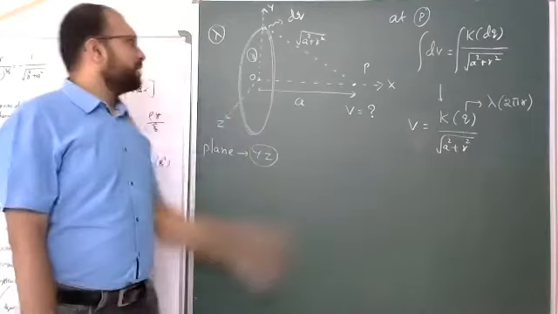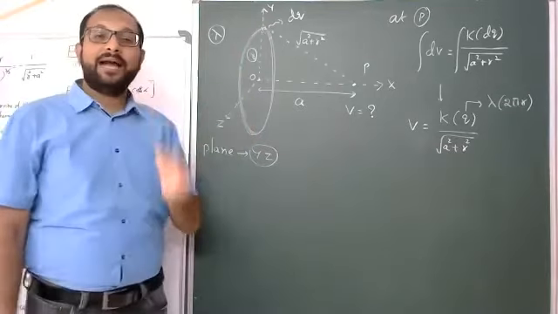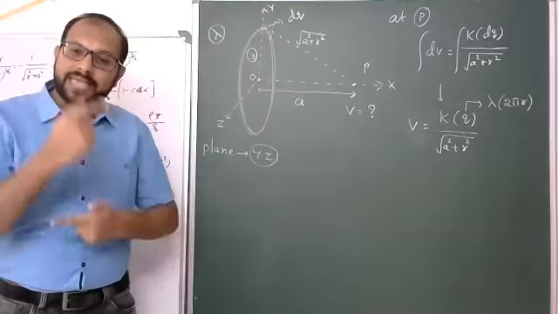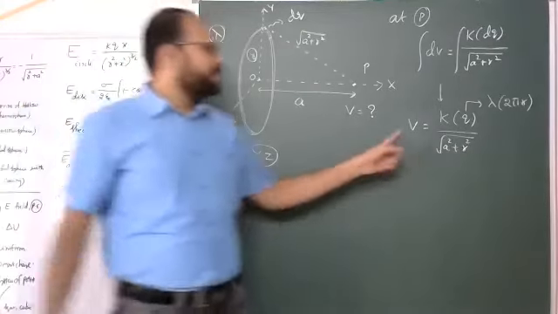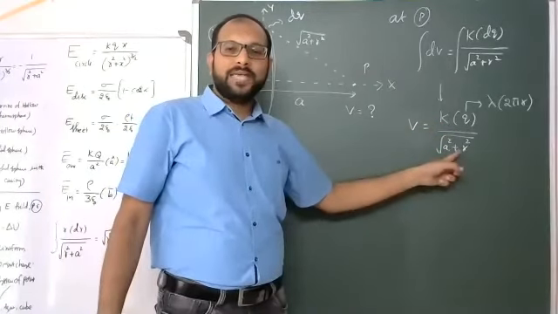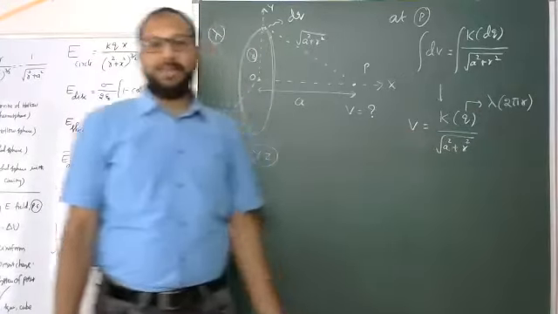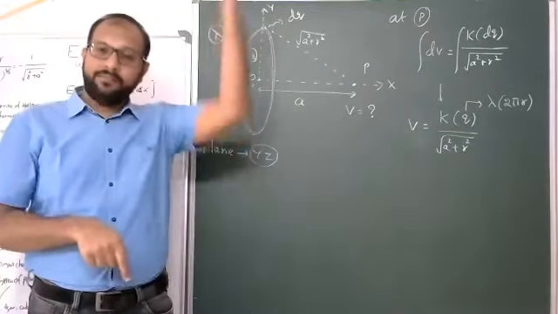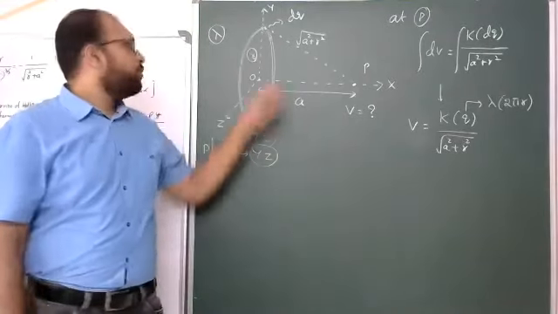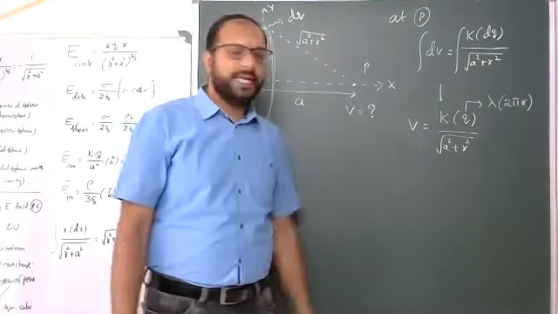Non-uniformly charged means here lambda is different, here lambda is different, that is, lambda depends on the angle theta. Even in that case, potential V equal to kq by root over a square plus r square, but q is not equal to lambda into 2 pi r at that time. At that time, q you need to calculate separately by using integration. Once q is given, directly kq by root over a square plus r square.